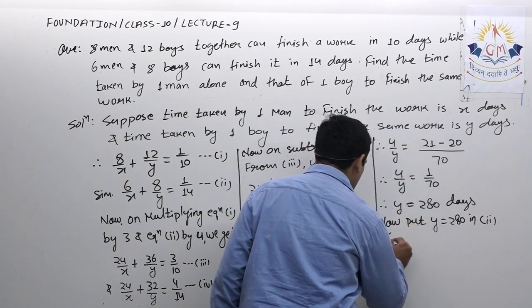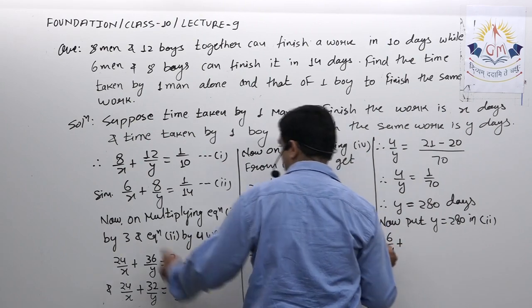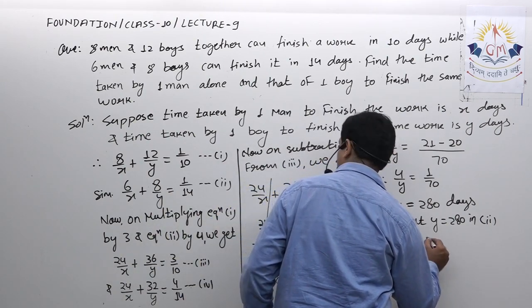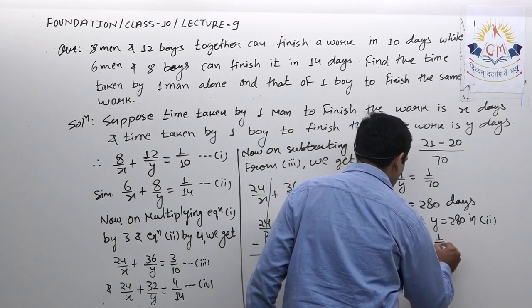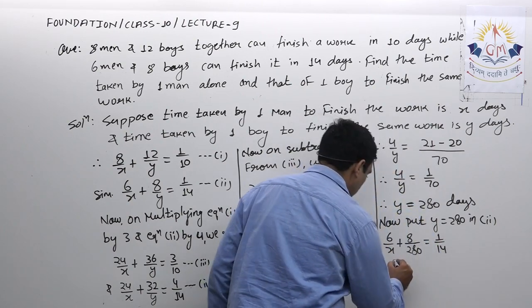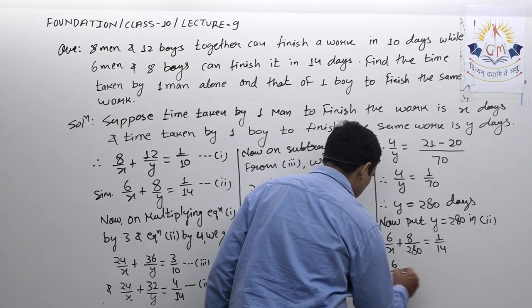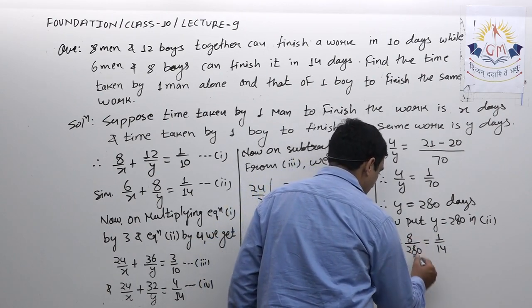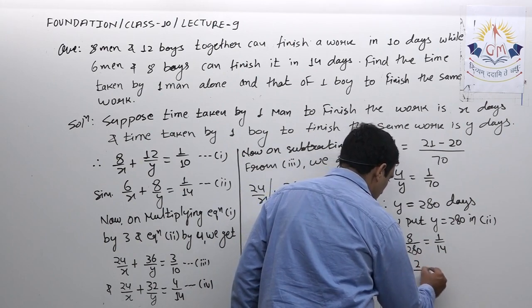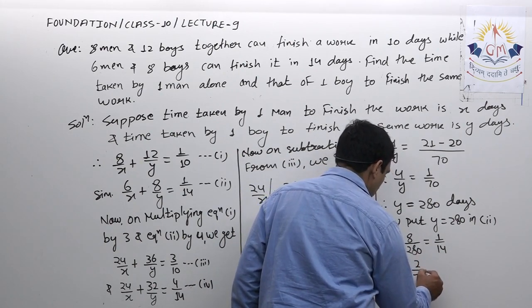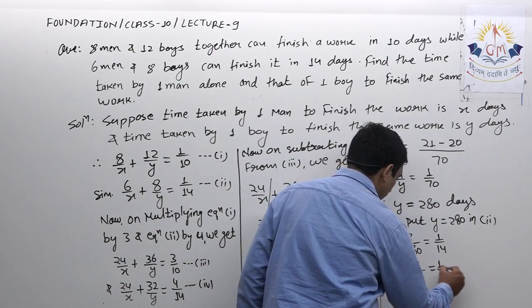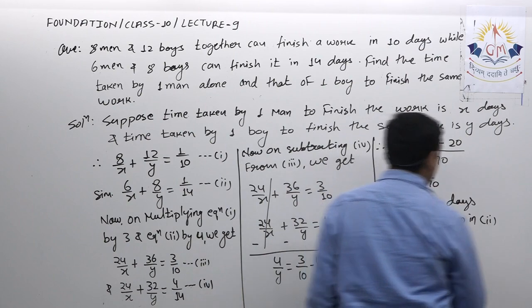So here 6 upon x plus 8 upon 280 is equal to 1 upon 14. So 6 upon x plus, here I can divide it, is equal to 1 upon 14.